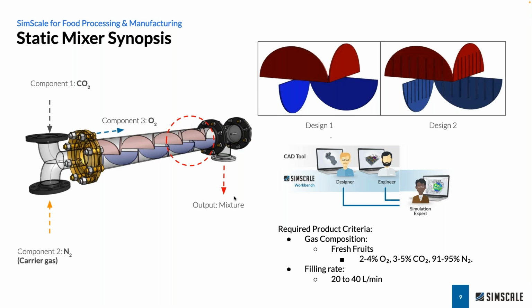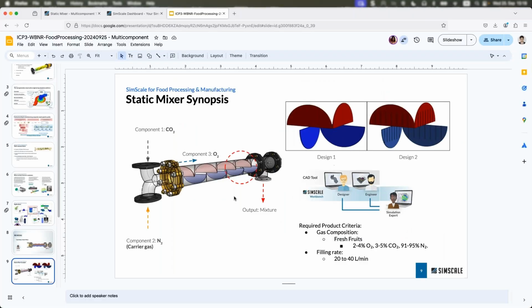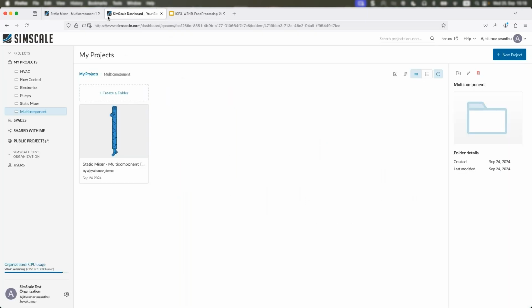And this is a good point where I can jump to the SimScale platform and show you how this can be done by a designer. As you all know, SimScale is a cloud-native simulation tool. If you want to get access to the simulations, all you need to do is go to simscale.com and sign up for your account, where you can jump into the dashboard as you see here.